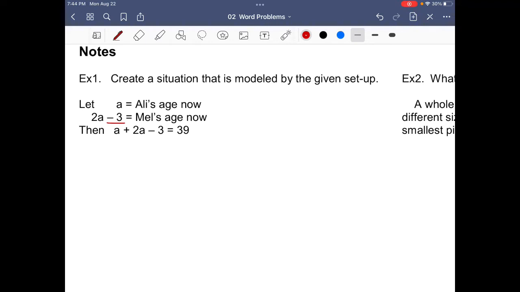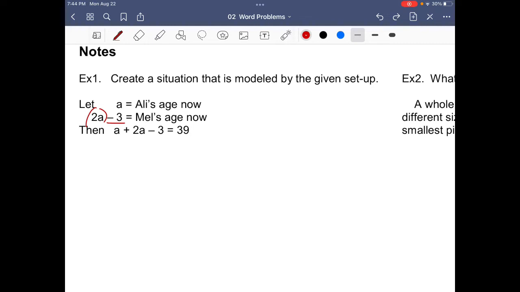Now, if you take away from 2a, and that equals Mel's age, if you're taking away, that means Mel is younger. You realize that Mel is younger just because of that subtraction sign. Now, what's she younger than? She's younger than 2a.